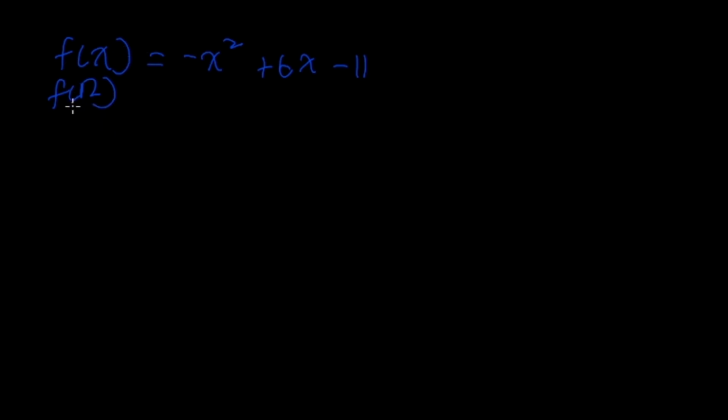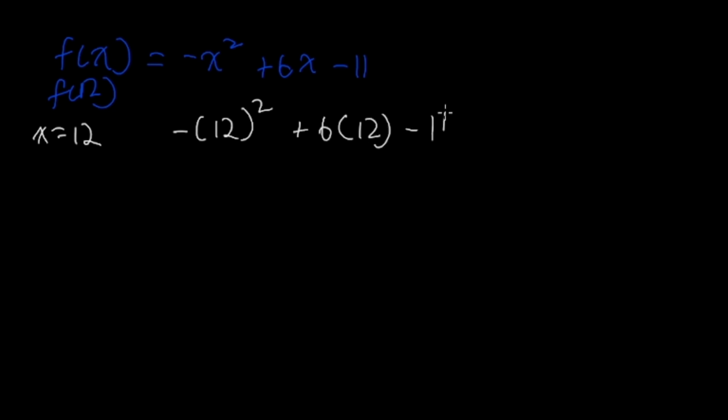Okay, so basically x is equivalent to 12, and so we input the 12 for the x. That's negative 12 squared plus 6 into 12 minus 11. 12 squared is 12 times 12, that's 144.